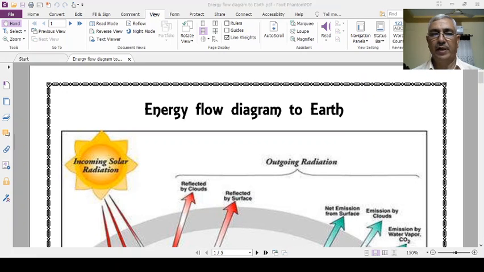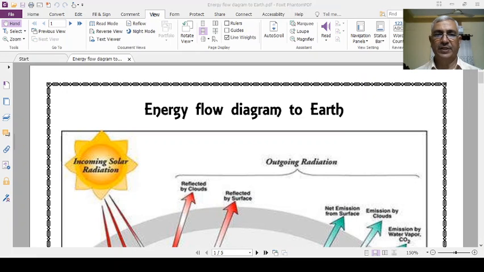Therefore, the content of this topic is purely within the limits of the syllabus of the elective paper in the sixth semester, that is the renewable energy. This topic is in unit 1 of the renewable energy.